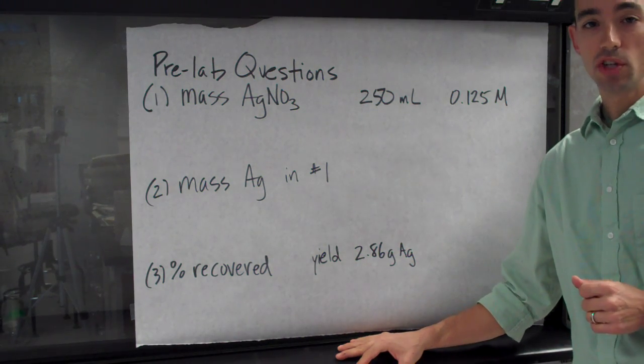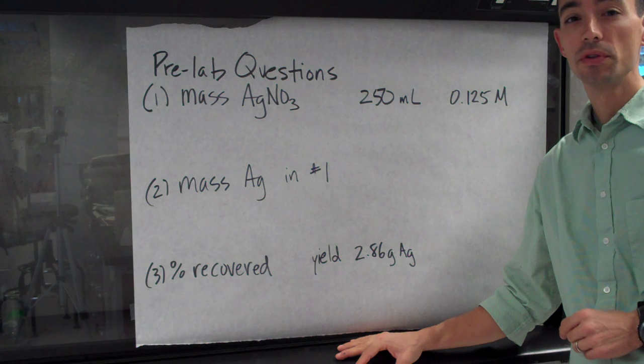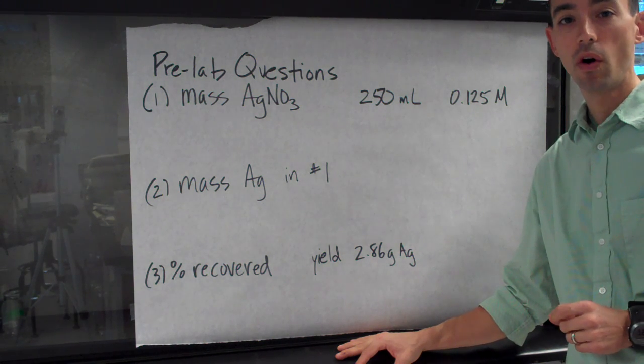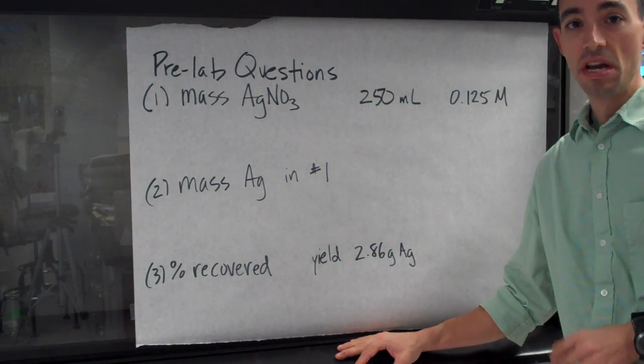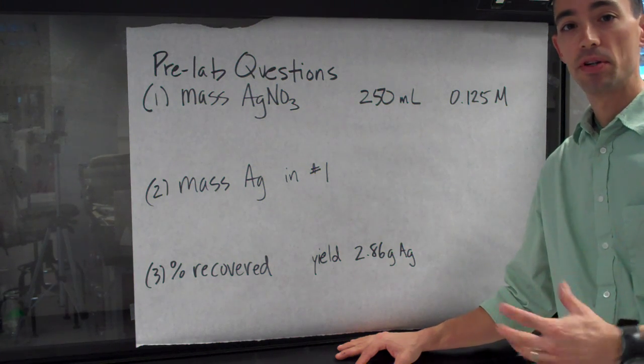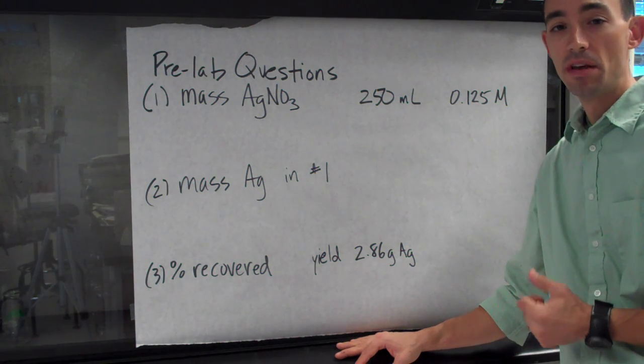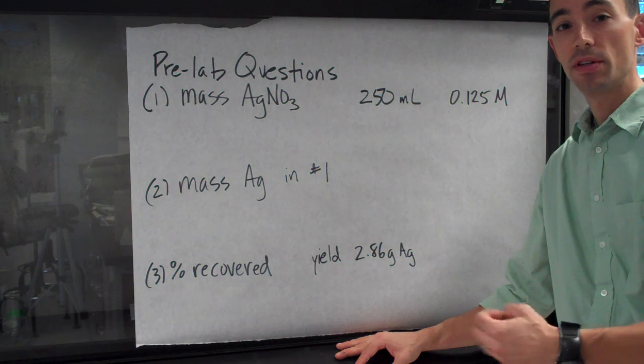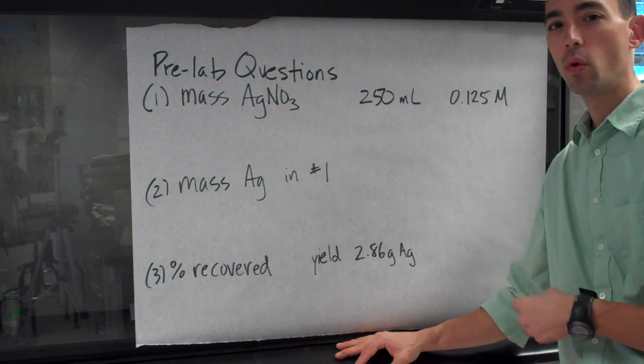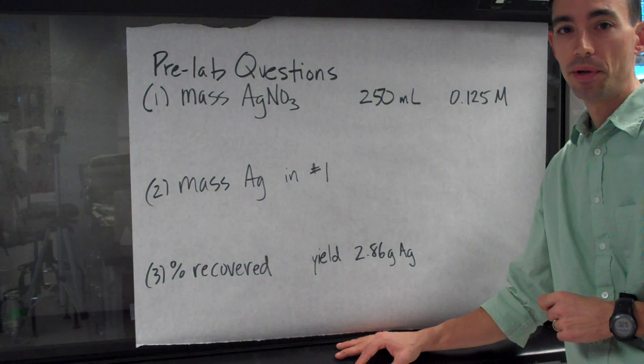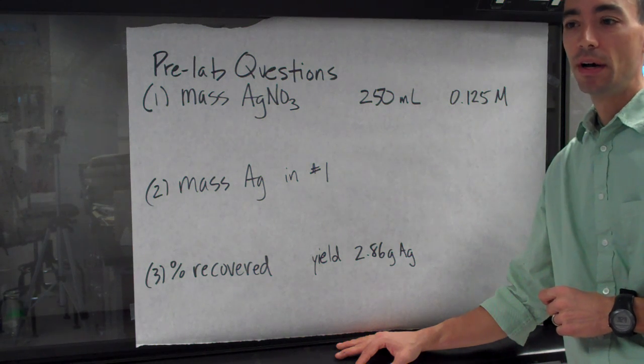And you'll also be working with two volatile solvents, an alcohol and acetone. These are used to dry the copper, to remove the water from them. They're very polar compounds, and so they have the ability to grab hold of little bits of water that will be attracted to your copper filings.